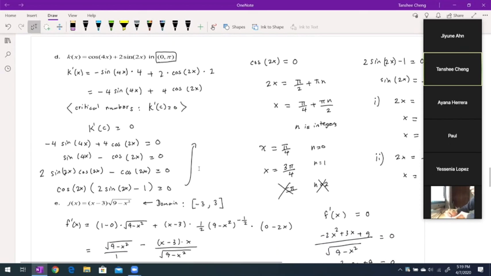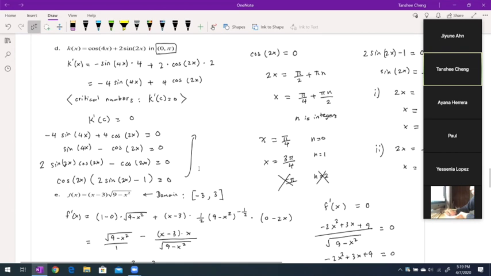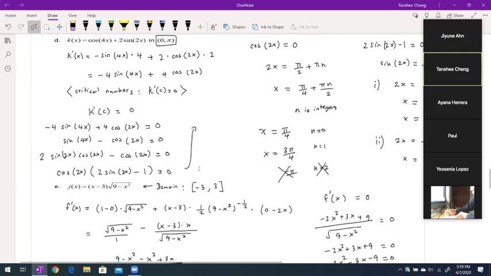So here's the next example. Notice that I boxed it right here. This time, we want to find the critical numbers of the function k of x equals cosine 4x plus 2 sine 2x, in the domain of 0 to pi only.